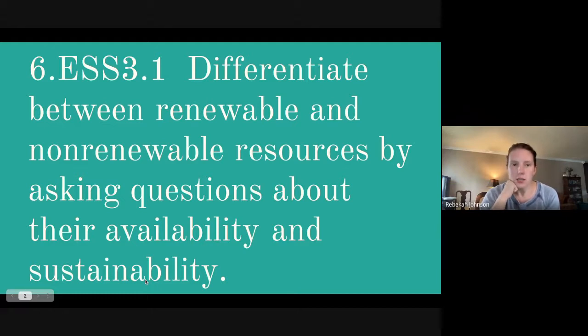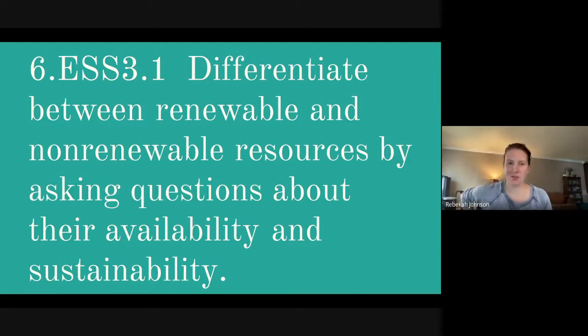Okay, so there's a lot to unpack here. You guys have done a great job so far on the word differentiate. We know that we can take away the T-E part or the A-T-E part, and we have the word different. We are looking for differences between things. And what are we looking for? Renewable and non-renewable resources. How are we doing it? We're going to do it by asking questions and presumably by answering the questions as well.